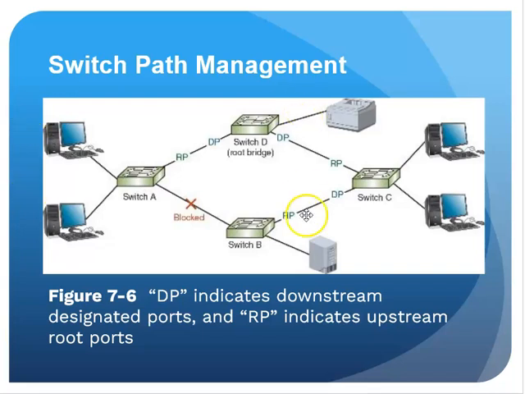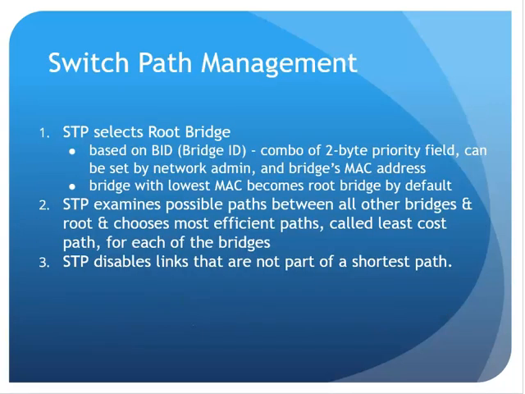So what it would do if you have a switch network like so, if I had two paths over here, the switch could potentially start looping traffic through the network. So what STP will do is artificially block this and leave this pathway open for everybody, if you will. It does that by selecting a root bridge, basically, kind of like the switch in charge. And it does that by looking at a priority field and MAC address combination.